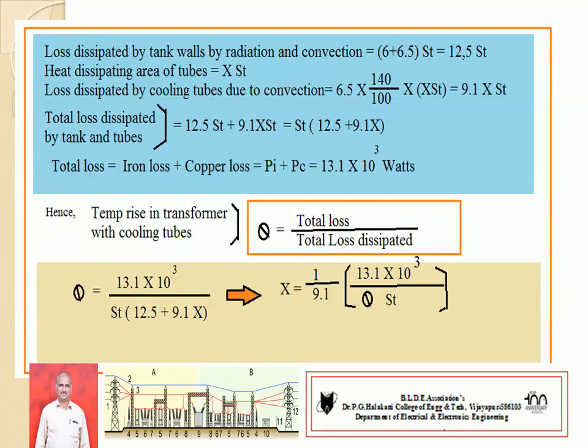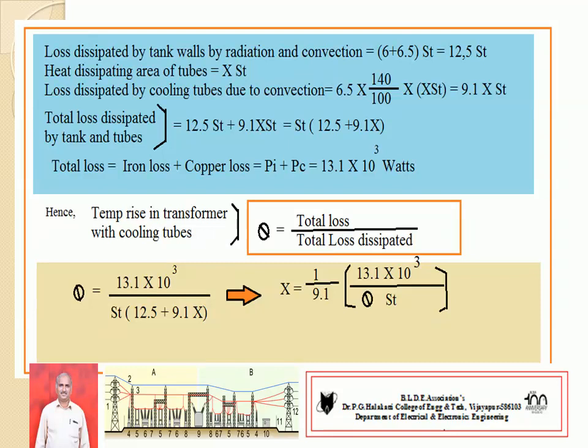Hence the total loss dissipated by the tank and tubes is the expression 12.5 times ST plus 9.1 x times ST. The total loss is given. Total loss equals iron loss plus copper loss, that is Pi plus Pc.